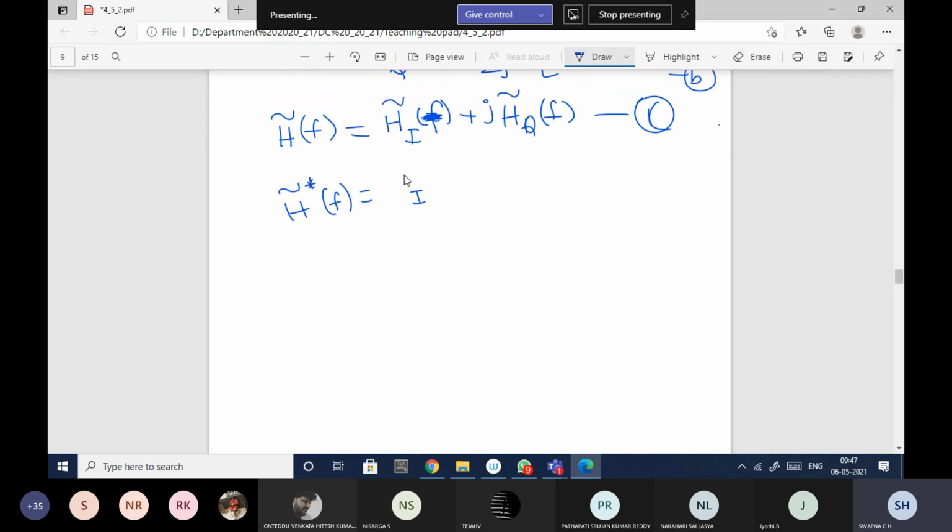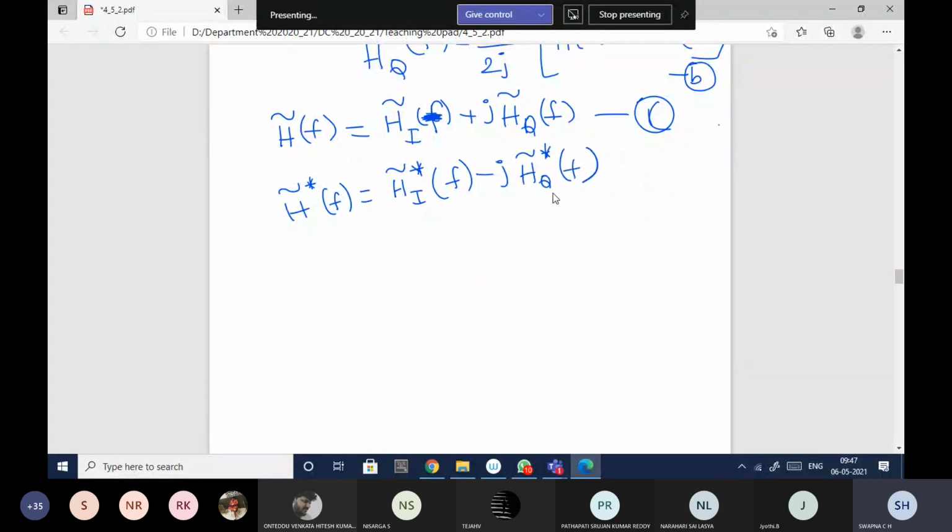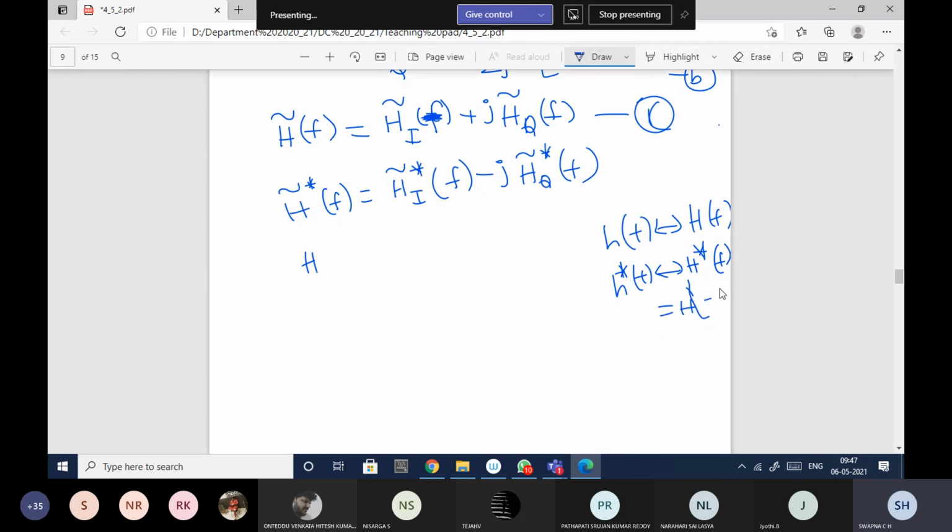And write this equation as, I need to take complex conjugate, so I will have h_i star of f minus j h_q tilde star of f. Okay, fine. So this I'll write as, we know that for h of t, if its transform is h of f, then for h star of t, it will be h star of f, which can be represented as h of minus f.